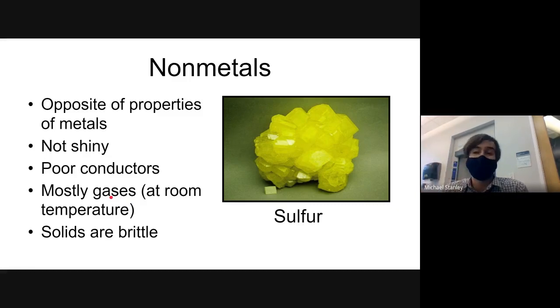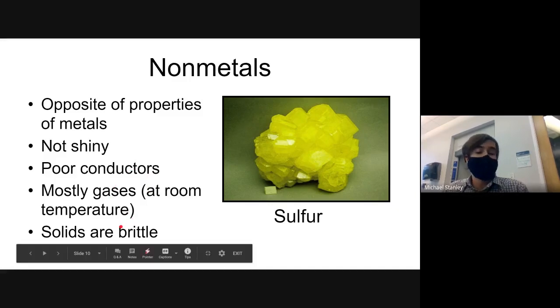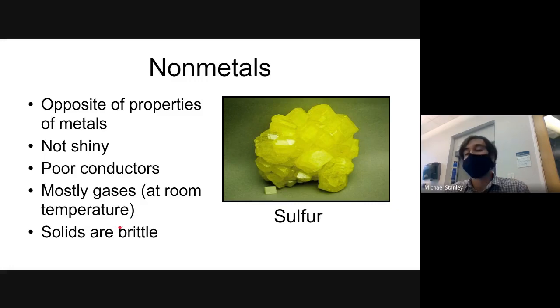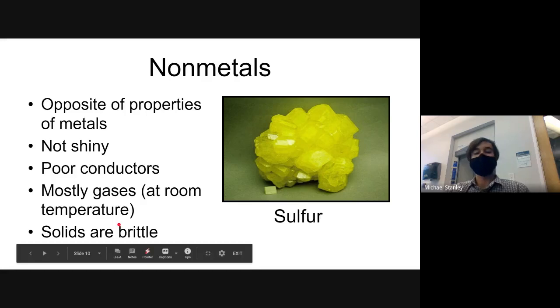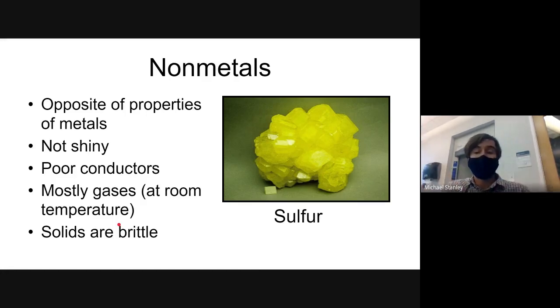So think like the oxygen that you breathe is a non-metal. It's floating around in the atmosphere. And then the solids are very brittle. If you try to flatten a rock, it's just going to break and shatter in your hands. So again, metals, non-metals, basically the exact opposite properties. That's why they're on the opposite ends of the periodic table.